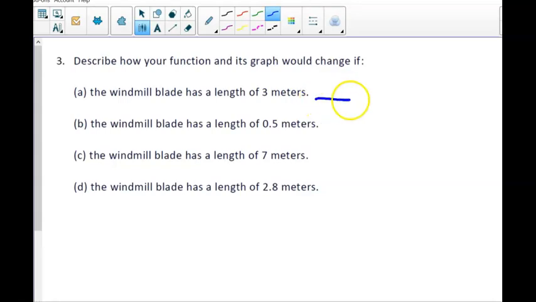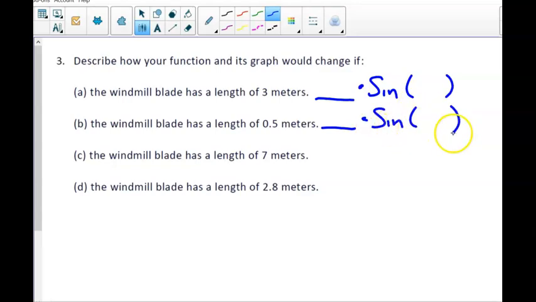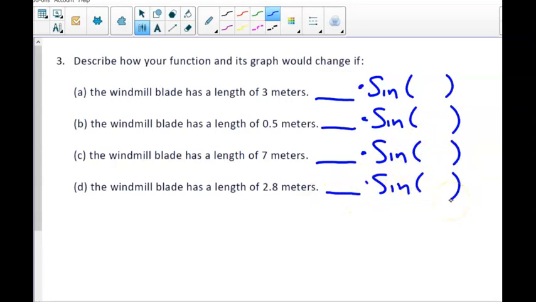So again, we don't know the height, so all we're going to have here is the multiplication part of the equation. And we discussed this in Unit 4. So the angle measurement is going to still say theta because, again, we don't know the angle of rotation. And what's going to change here is the radius of the blade.